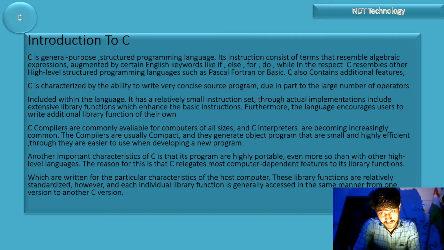In this respect, C resembles other high-level structured programming languages such as Pascal, Fortran, or Basic. C also contains additional features. So in comparison with Pascal, Fortran, and Basic, C has some additional features.